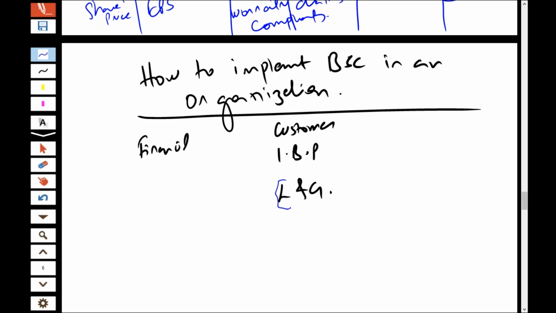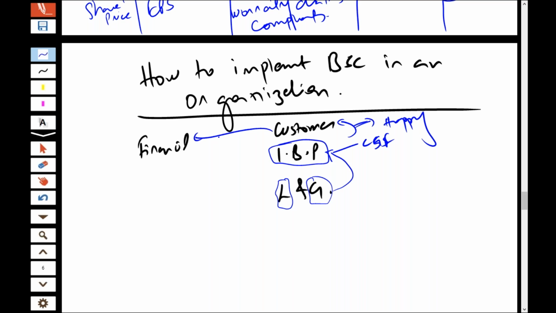And when an organization learns and grows, the major reason for that is they perform well with their internal business perspective. That is, they try to achieve their critical success factors. And when they achieve these, their customers become happy. And when their customers become happy, those customers reward them financially.